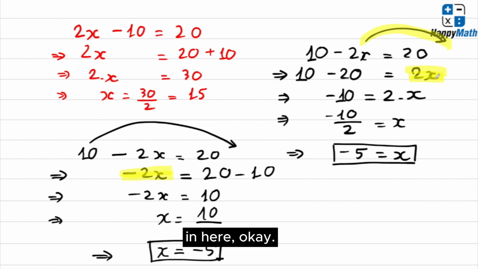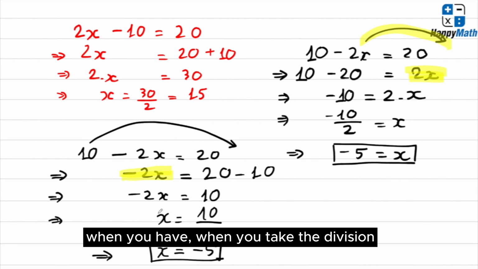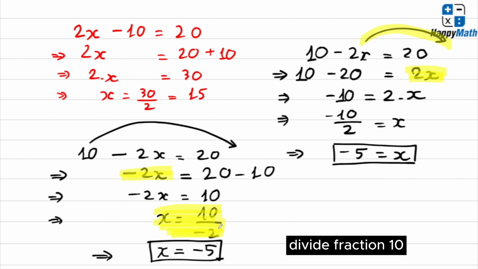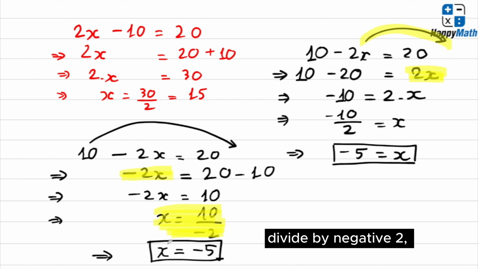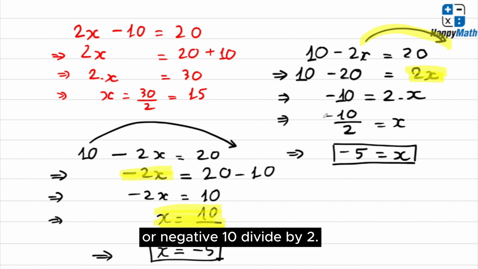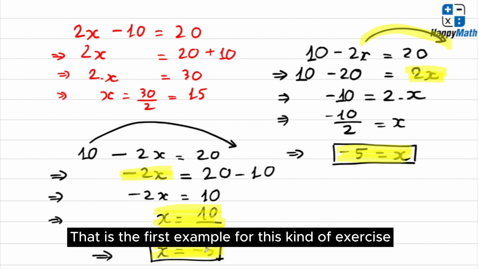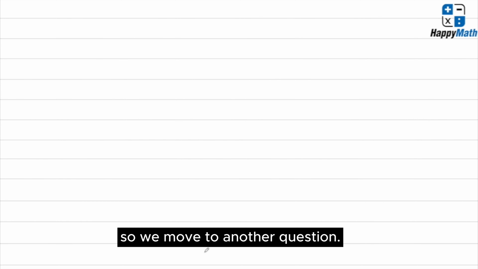In the end, when you take the division, you always have a fraction, 10 divided by negative 2, or negative 10 divided by 2, but the result is always negative 5. Okay, that is the first example for this kind of exercise. So we move to another question.